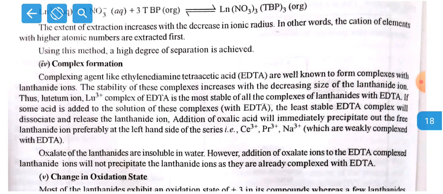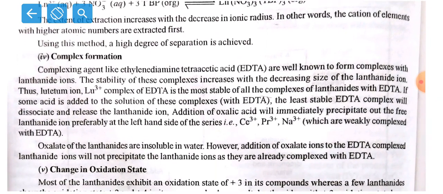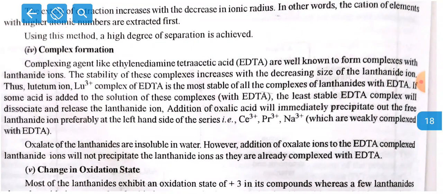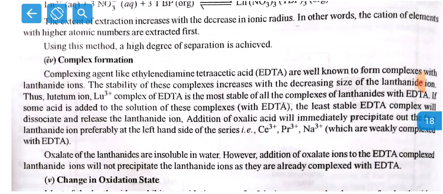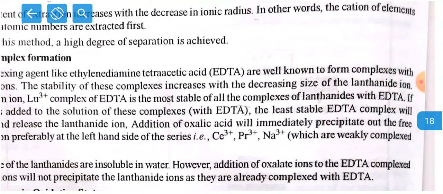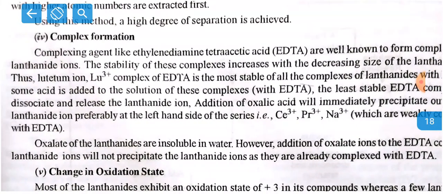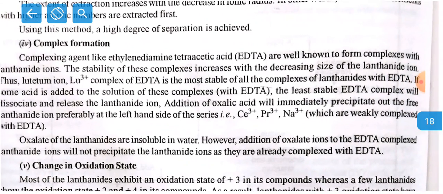Complex formation. Complexing agents like ethylenediaminetetraacetic acid, EDTA, are well known to form complexes with the lanthanoid ions. The stability of these complexes increases with the decrease in size of the lanthanoid ion. Thus, the Lu3+ complex of EDTA is the most stable of all the complexes of lanthanoids with EDTA.